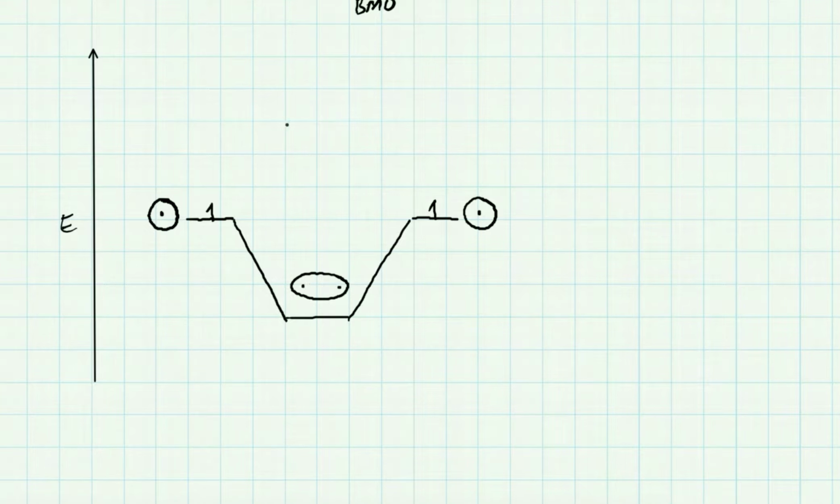The other one is where the electron density is away from the nuclei of the combining atomic orbitals. So these are two atomic orbitals, and two possible molecular orbitals, this one with lower energy and this one with higher energy.